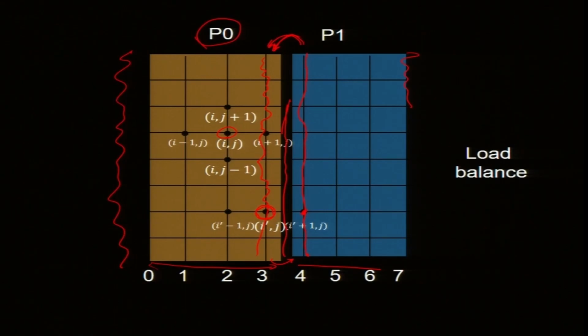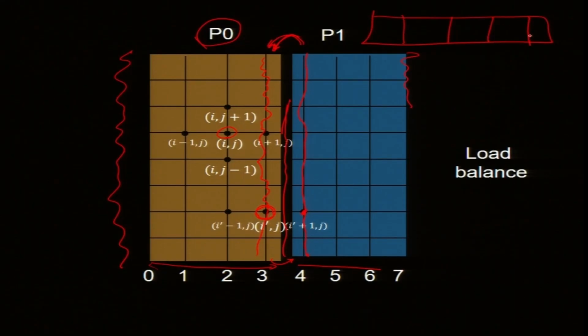So, I am just giving you an illustration, but if you have, let us say, 4 processors or 1000 processors, then my processors are divided like that, and all this data has to be shared from both left and right. So, there will be left data and right data to be shared in 2D. For 3D you need to share slabs, in 2D you need to share columns.